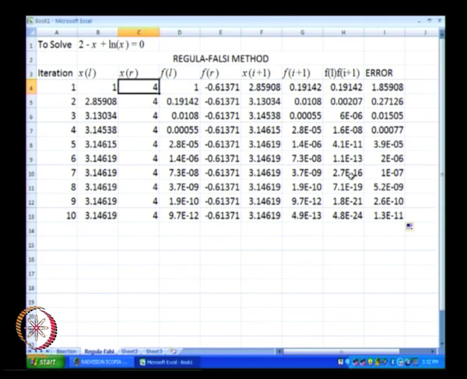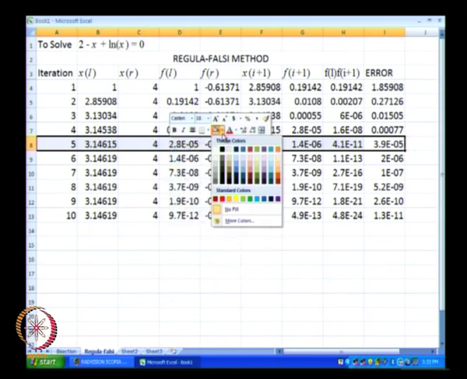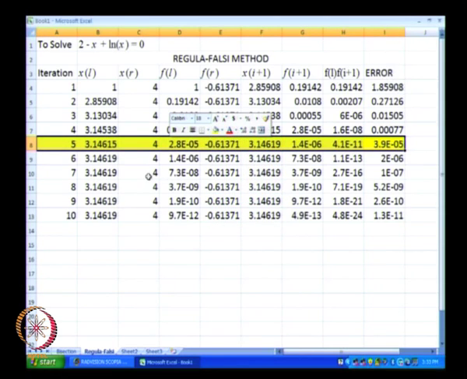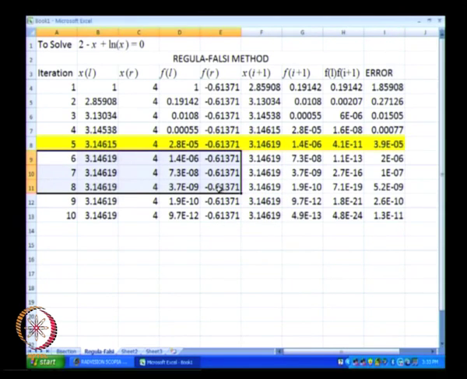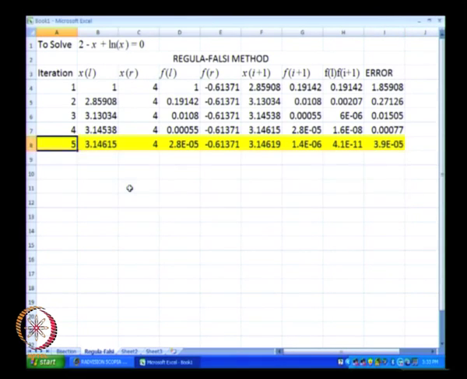We started with 1 and 4, the next value of x of i plus 1 is 2.8859 and so forth, and as you can see our stopping criterion was that the error should fall below 10 to the power minus 4. So this is the point where the error has fallen below 10 to the power minus 4, and this is the solution that we get. Again we will highlight this solution, and we really do not need the rest of this data, that is redundant data.